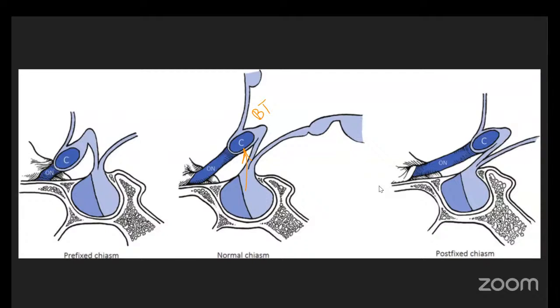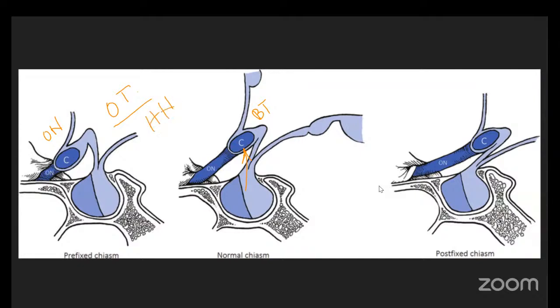Okay? There are two other variations. There is a prefixed chiasm and there is a postfixed chiasm. What happens in the prefixed chiasm is the optic nerves are slightly shorter and the optic tracts are slightly longer. So when there is a lesion, it's going to come in contact with the optic tracts directly. So what is going to be the deficit?